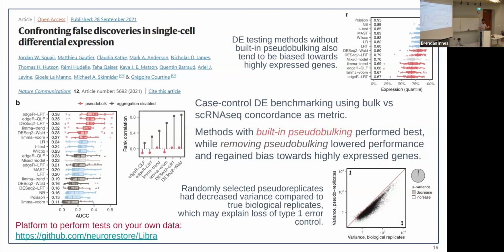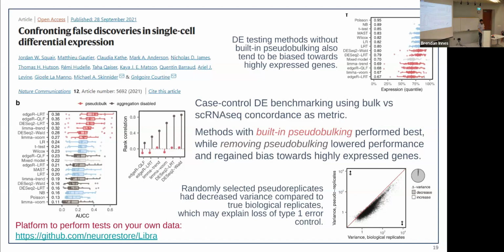We know how many animals we sacked to run this experiment. So let's just randomly assign cells to that number of animals. And there we have the solution, but no, the variance is actually less with the pseudo replicates than with actual biological replicates, as you can see here. And that was the case in nearly all of the data sets they looked at. So that's a problem for doing that. We'll talk about that more in a sec.